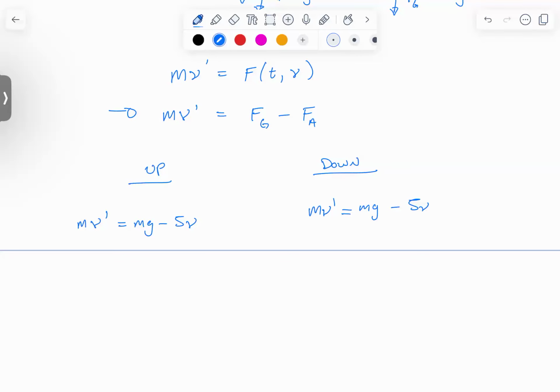Both equations actually end up being the same thing, because I have air resistance in the opposite direction that the object is moving.